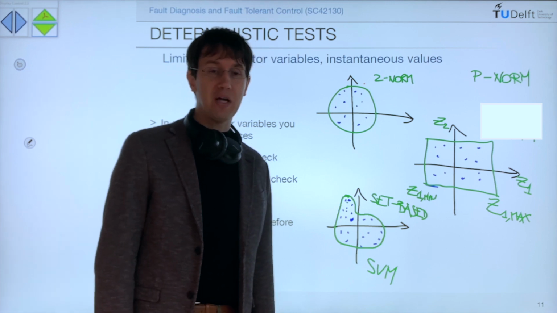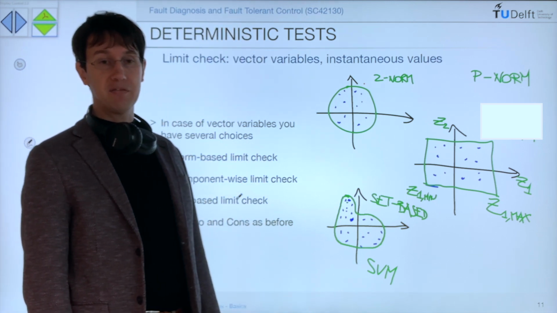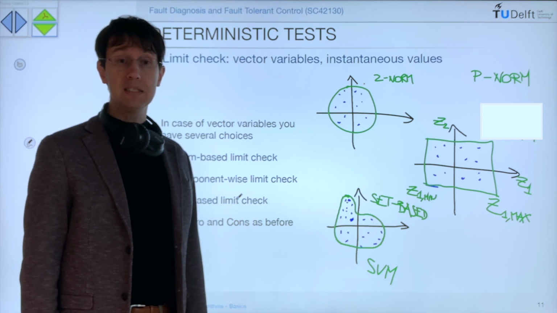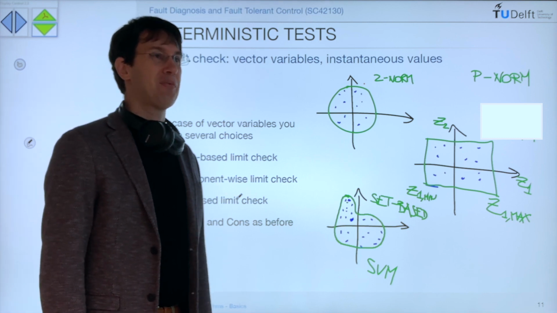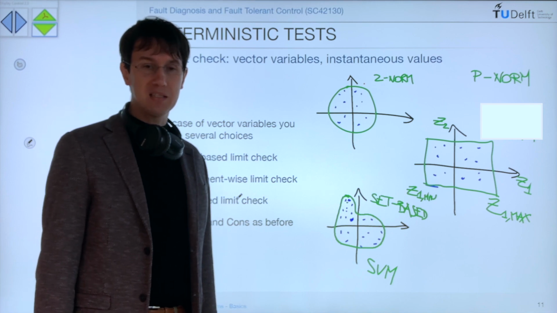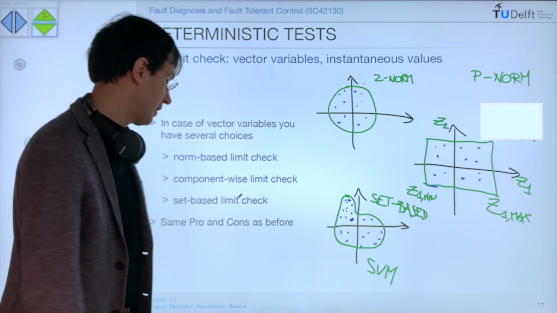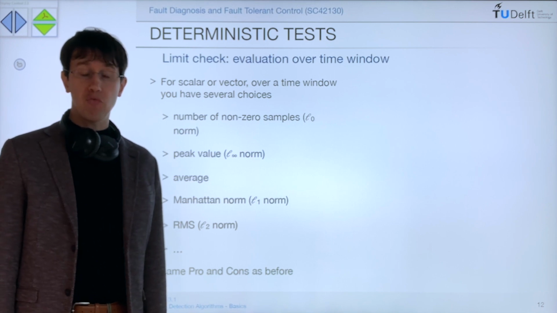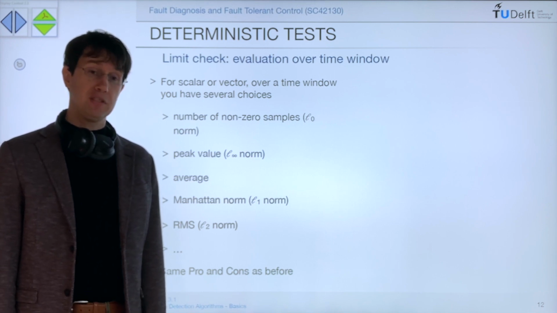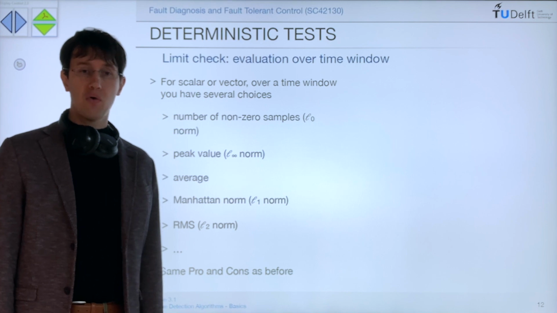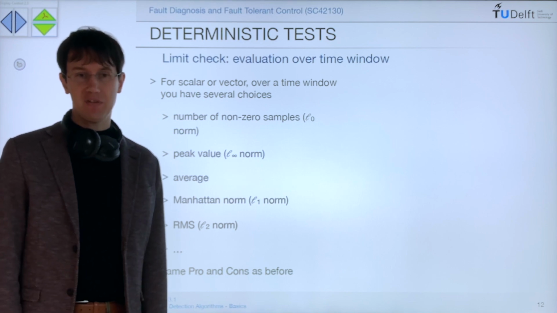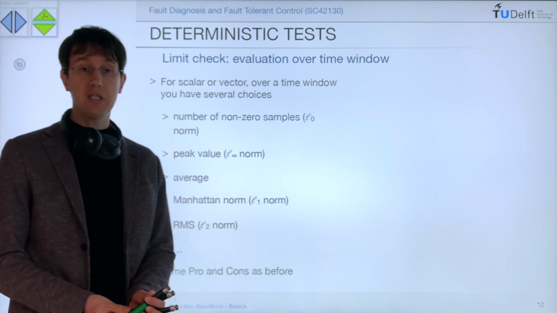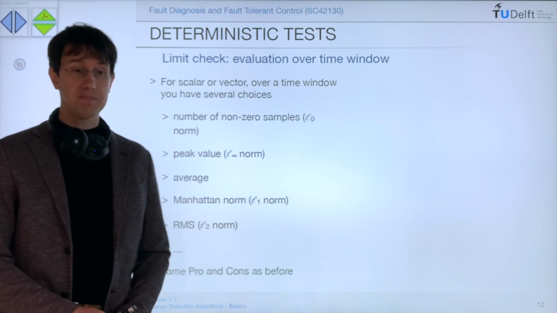But we can also have different ways of checking the variable z if we consider it over time, because we are taking measurements from a dynamic system, so we have measurements at every sampling time. So indeed, if we look at the behavior of the signal z over time, again, we have different ways of evaluating that, and again, it involves using different norms.